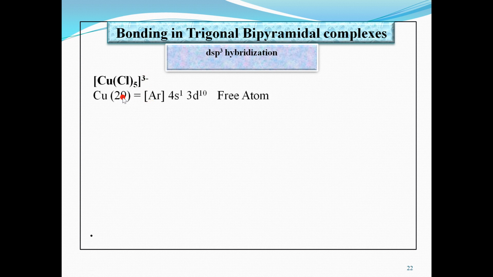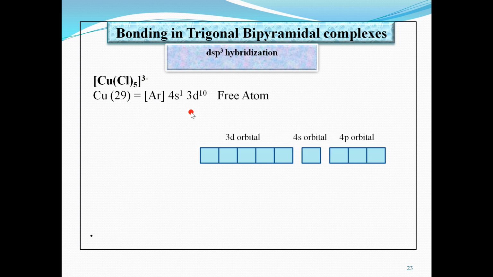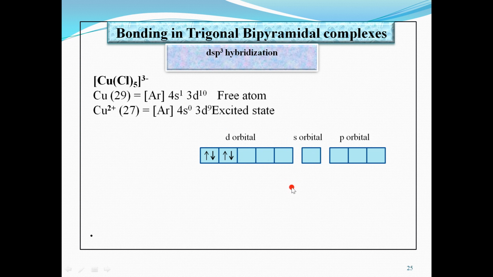So what is the electron configuration of copper? Copper having atomic number 29, its electron configuration is 4s1 3d10, and the orbitals of the copper are like this: 3d, 4s and 4p. So we can fill the 11 electrons in this way, that is 5 electron pairs, that is 10 electrons, and this 4s electron we can fill in this orbital.